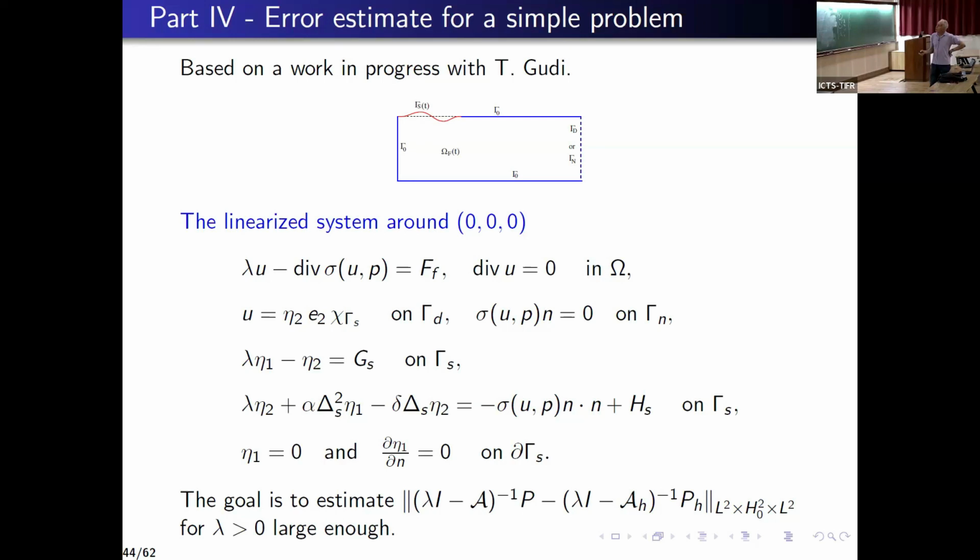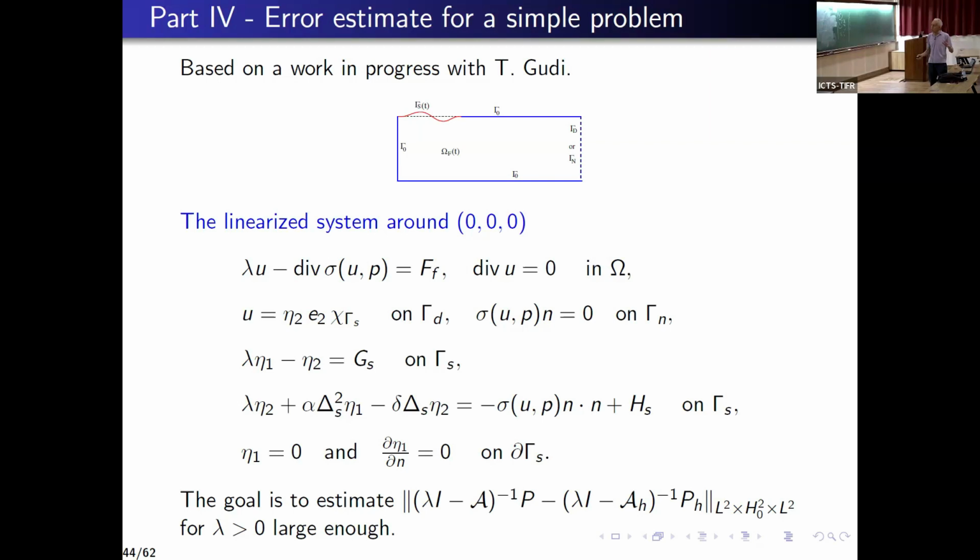So I would like to make the approximation of a simple problem, this one. Now we take the corresponding linear problem, or linearized problem, around the zero solution. It's given like that, and I would like to make the analysis. I need to justify all the approximation error. It means I do not have to solve the evolution equation.